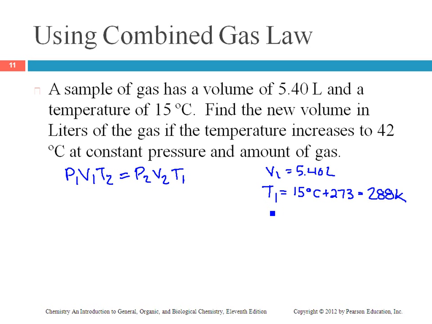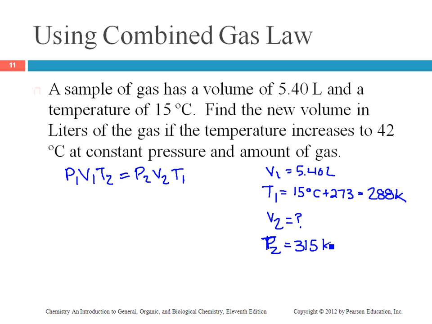Okay, and then we've got a new volume that we're trying to find. And our T2 is 42 degrees C, so we're increasing our temperature, so we're going to get 315 K.